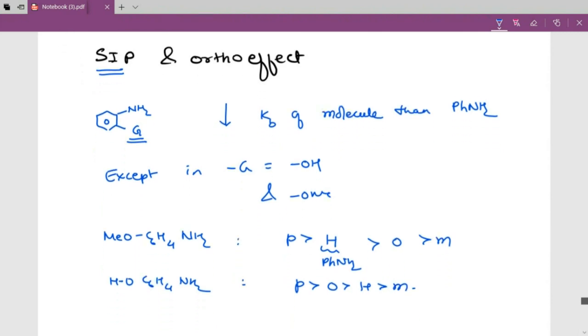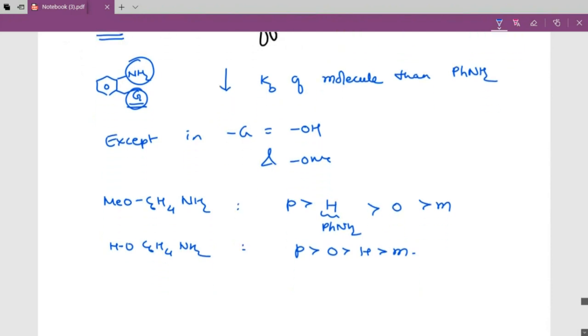This ortho effect is also again due to steric. NH2 itself is small, and if this G is also very small, then there is no point of steric hindrance or steric repulsion, and then no ortho effect is observed in case of anilines.